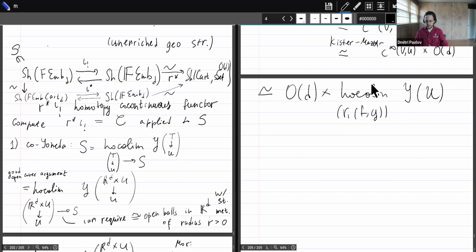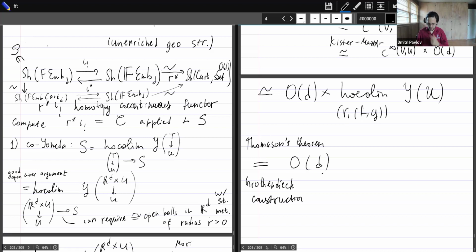So really, we have to compute a homotopy co-limit indexed by some ordinary category of a diagram of sets. We know how to compute this type of homotopy co-limit because by Thomason's construction, or Thomason's theorem, it can be computed as a Grothendieck construction of this diagram.